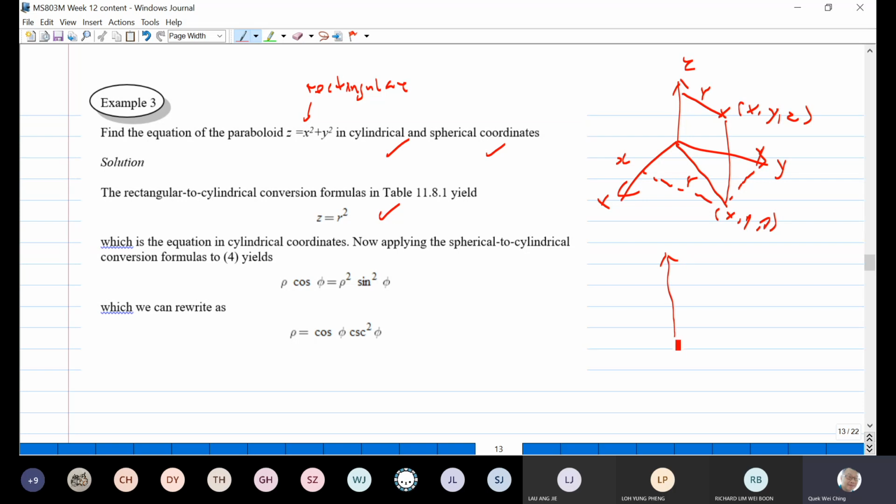Let me draw a better one, the cone here.